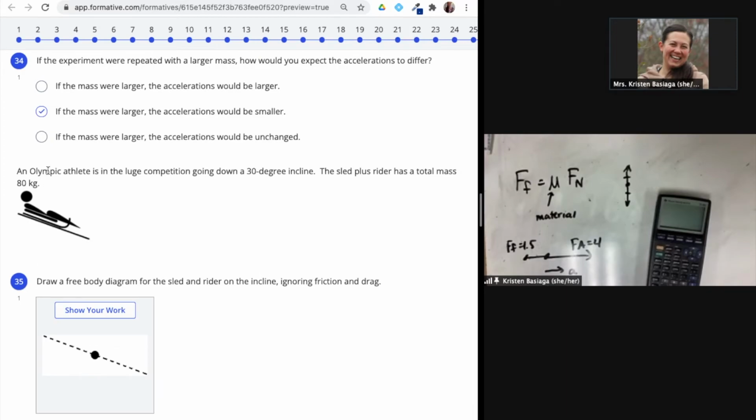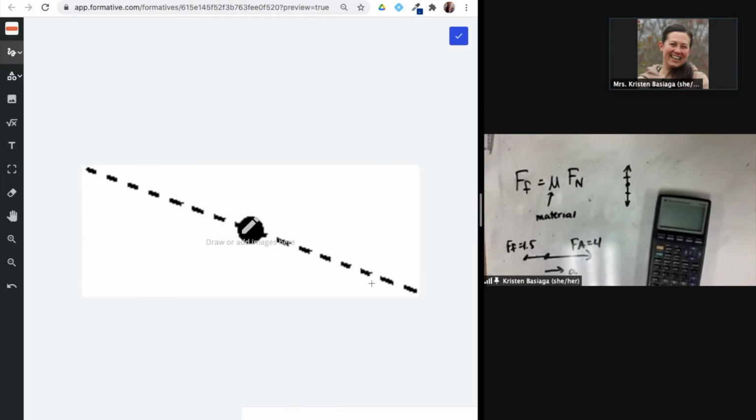All right, let's say we have a luge competition, and we have a frictionless, dragless, theoretical Olympian, and we want to show the free body diagram. This little dotted line is there to show where the ramp angle is. We know that gravity points straight down, but the dotted line is there so you can draw normal force correctly.